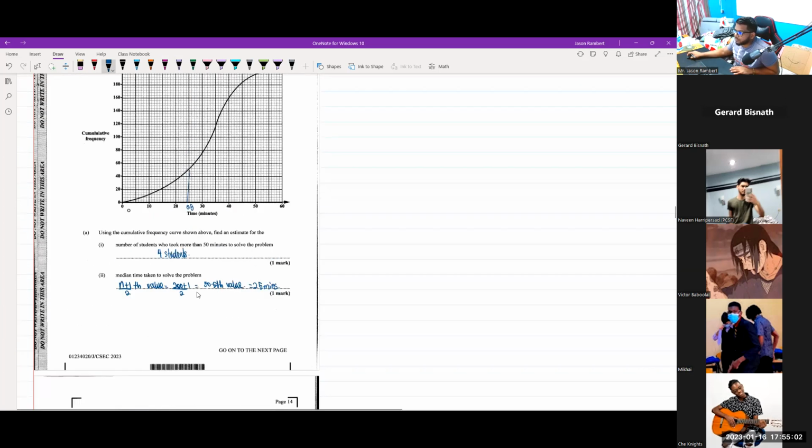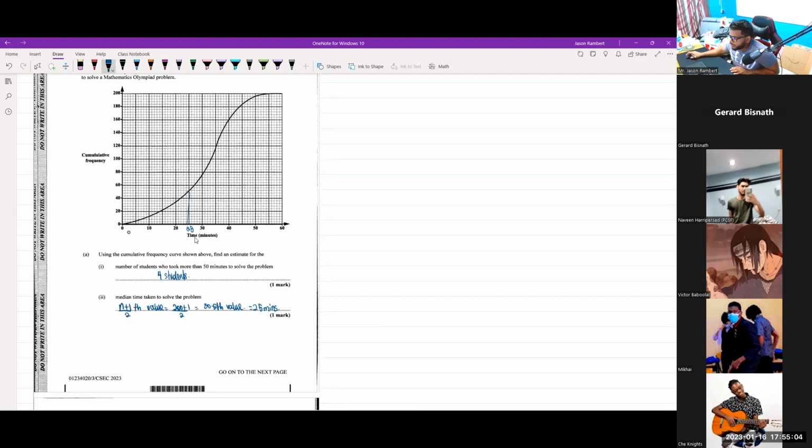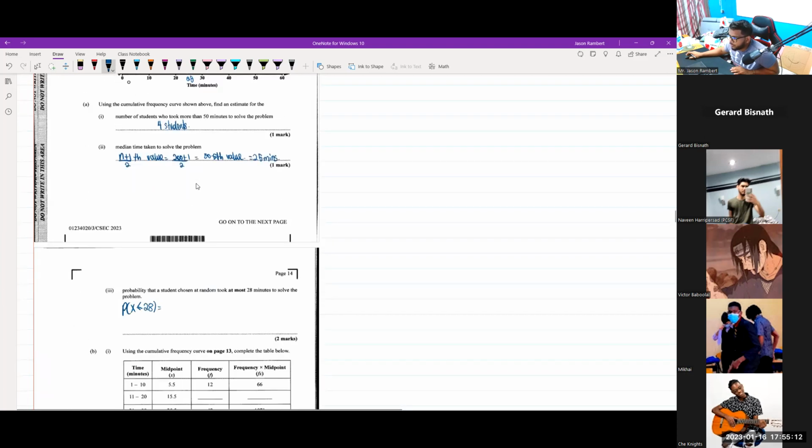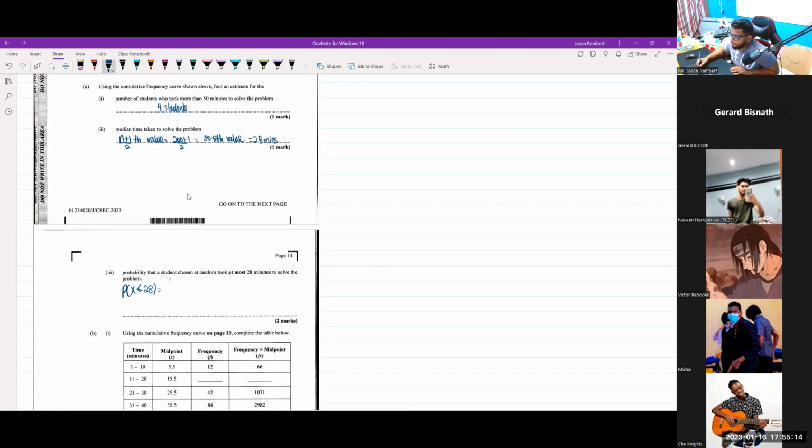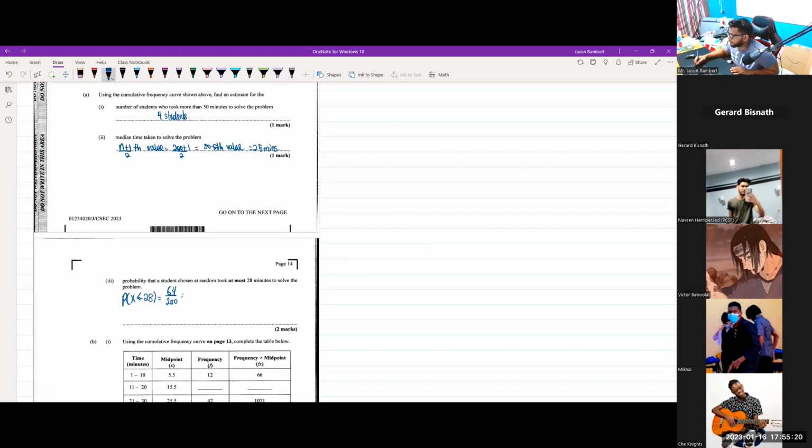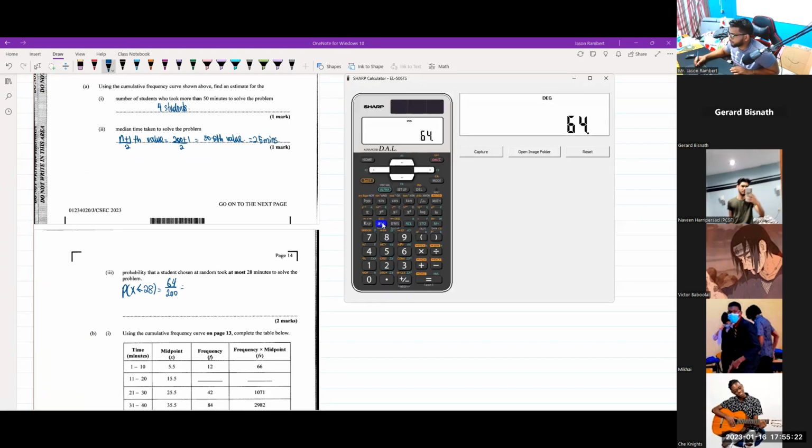Going to 28 minutes, 25, 26, 27, 28, you would go up, up, up. That looks like 64 over 200, which is 8 over 25.